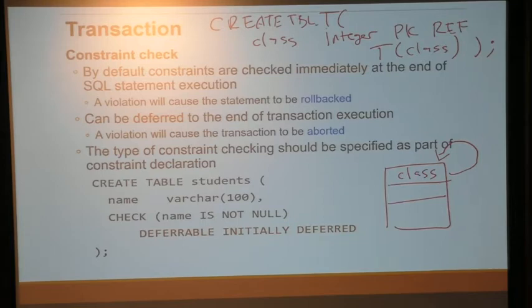If an attribute is trying to reference itself, it will always be successful because the constraints are checked immediately at the end. So the value is already going to be there, whatever value you insert. If you insert x, x must exist in the table T as the attribute x, and that is trivially true because you just inserted that value.